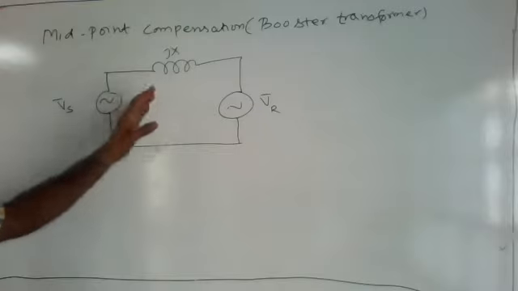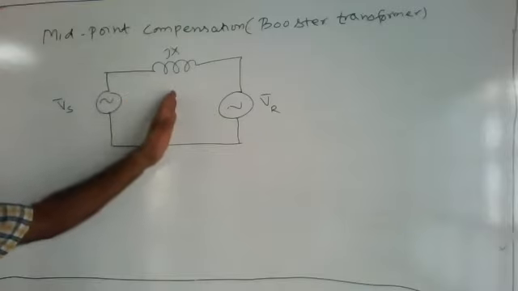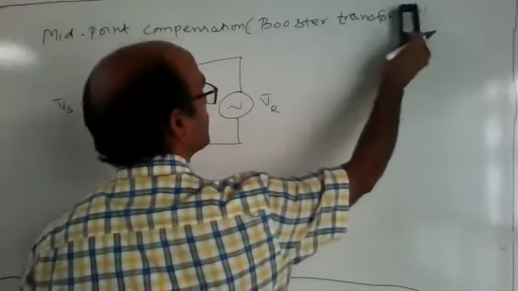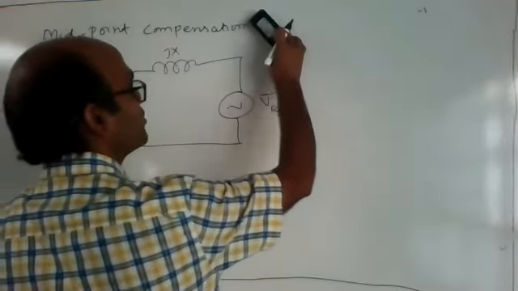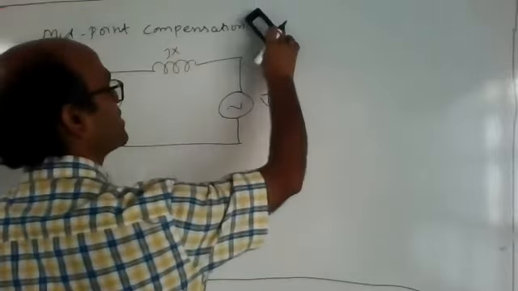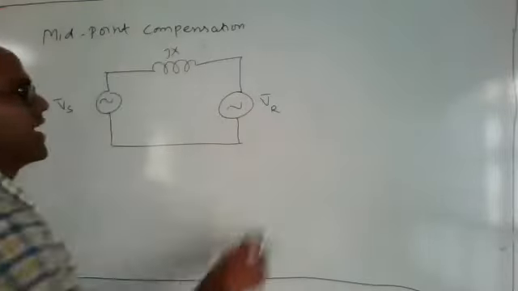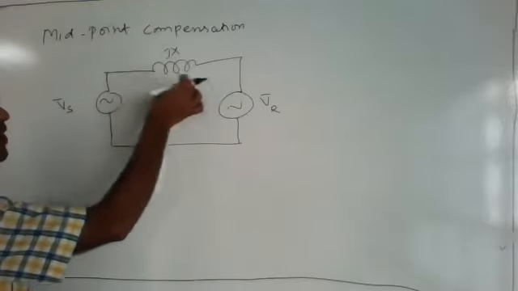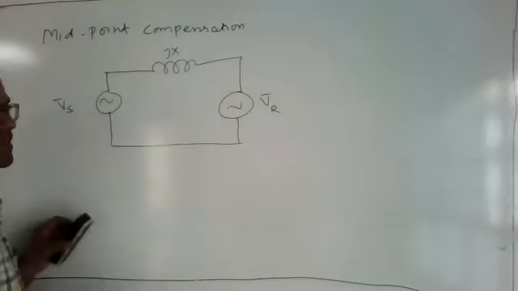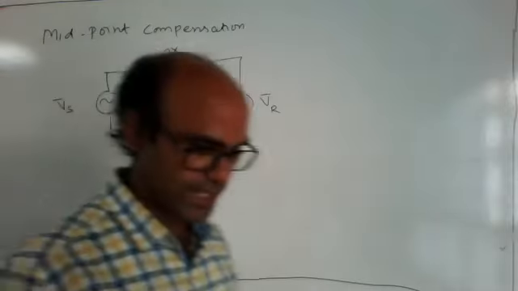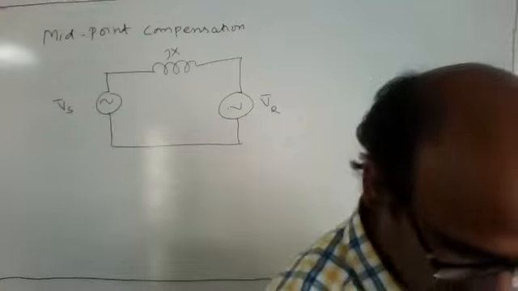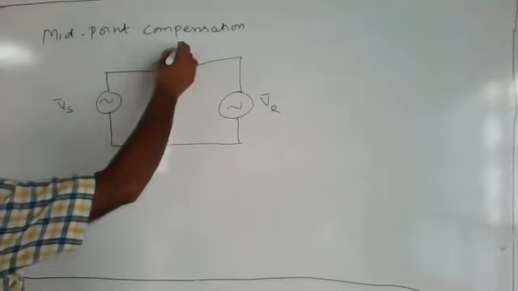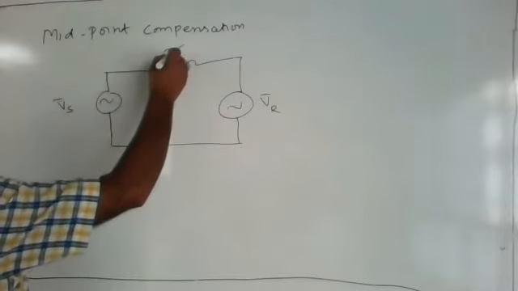So if I connect a static shunt compensator in between, now I will not use this booster transformer. I am using a static device, meaning any stationary, solid state device in between this line, so that our voltage will improve at the receiving end side. For that, let us do one modification. I will break up this reactance into two parts.